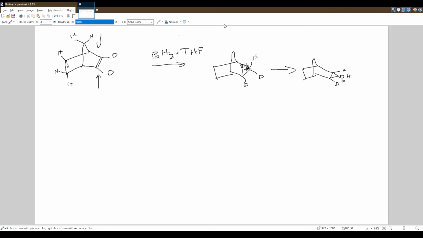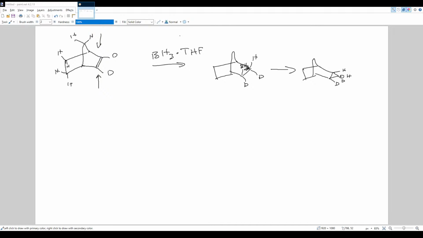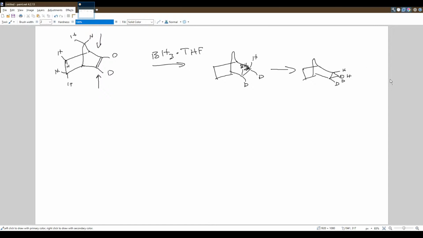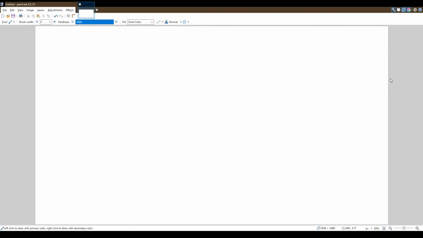Let's look up what exo means exactly. I'm not sure what that actually means. Okay, so it is exactly what I think it means. It's top versus bottom. Why do they call it that? Anyway, whatever. A lot of stupid stuff in organic chemistry I don't understand. Well, I guess that makes me the stupid one, not the chemistry.